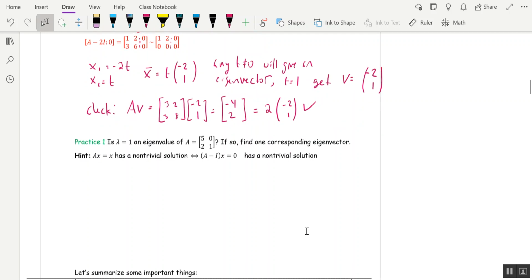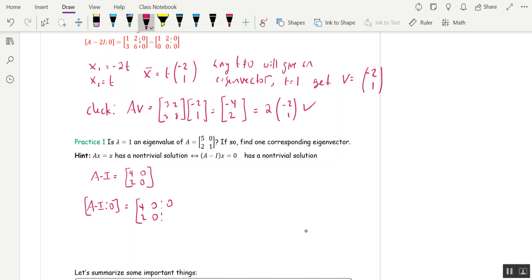All right, so hopefully you did that. A minus I is equal to, I'm just going to subtract the identity off the main diagonal, so 4, 0, 2, 0. So we want to reduce A minus I augmented with 0: 4, 0, 2, 0, 0, 0.